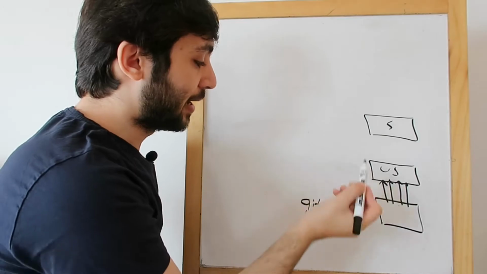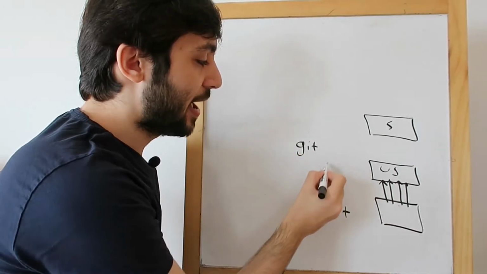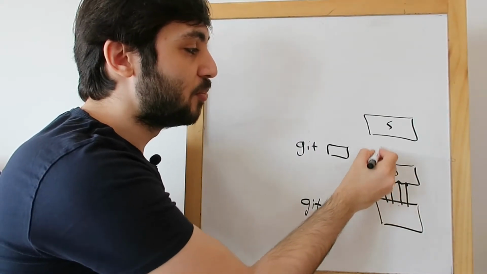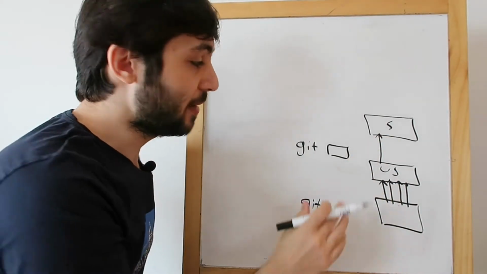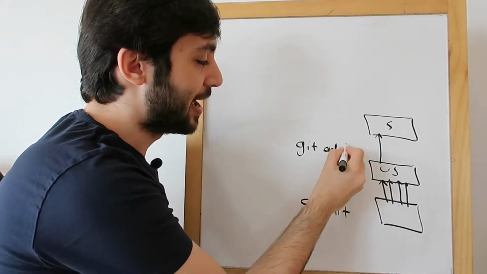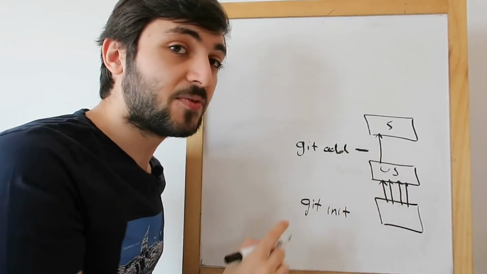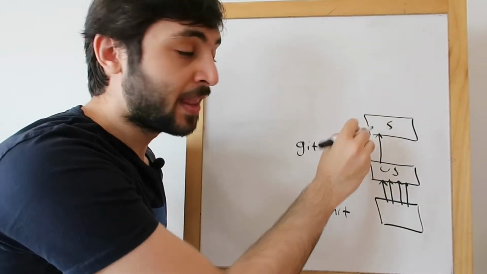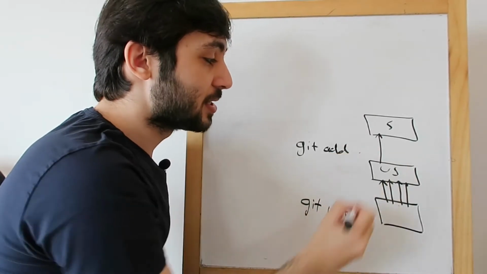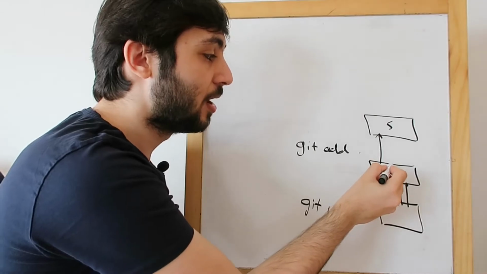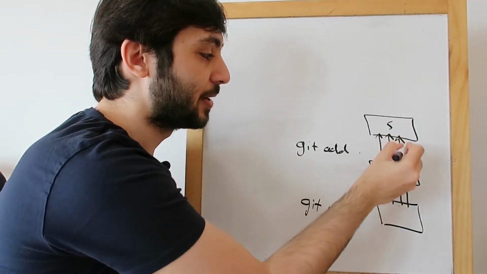When you type git add and the file name, the single file will be moved to the staged area. And when you type a dot, all of the files in the unstaged area will be moved to the staged area.